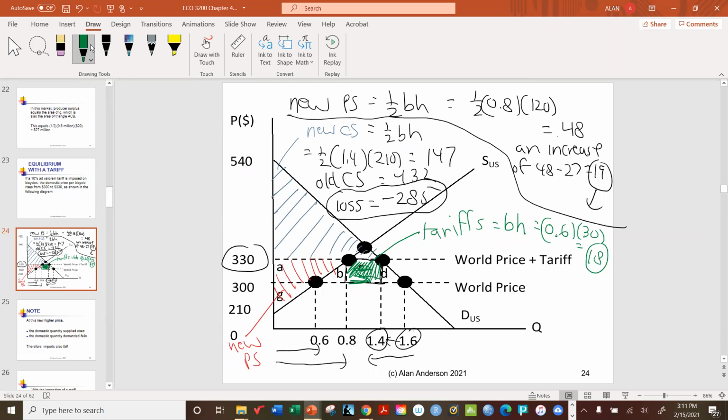The new total surplus is 147 from the consumer, 48 from the producer, 18 from the tariffs, which adds up to 147 plus 48 plus 18 is 213.